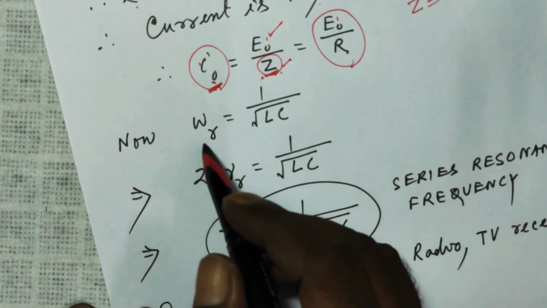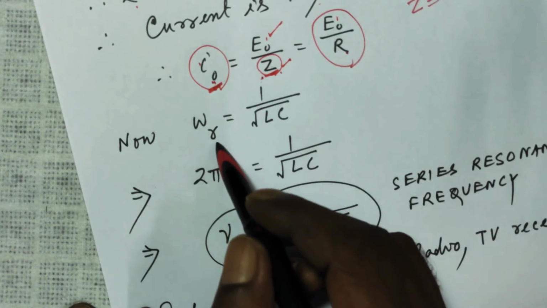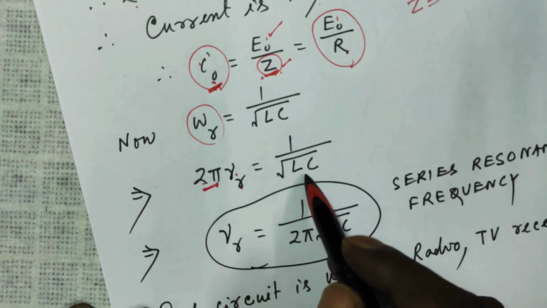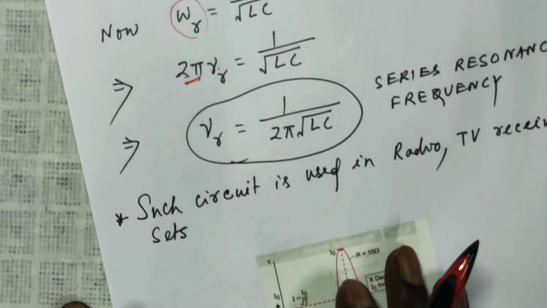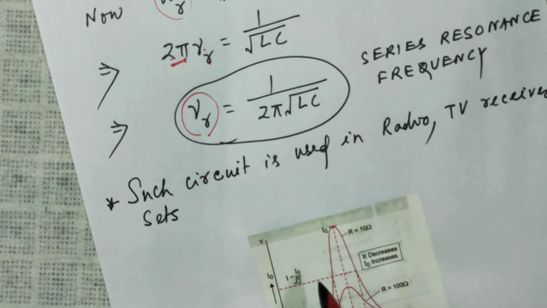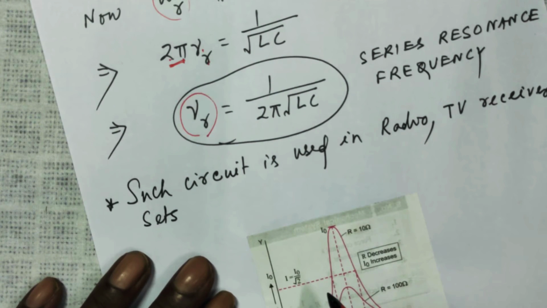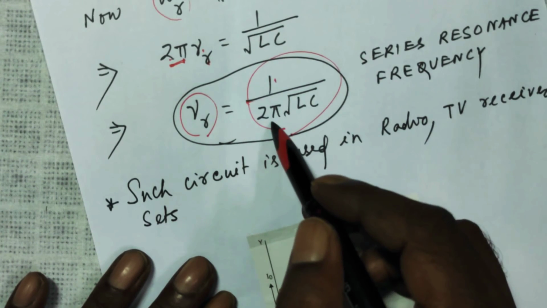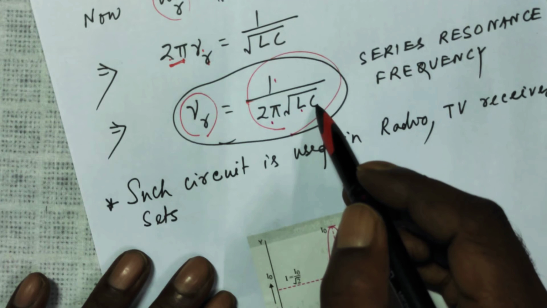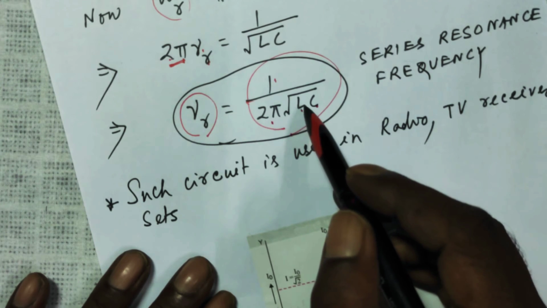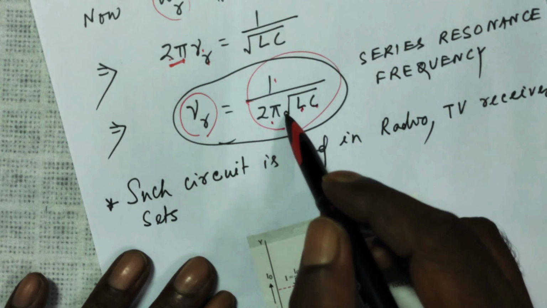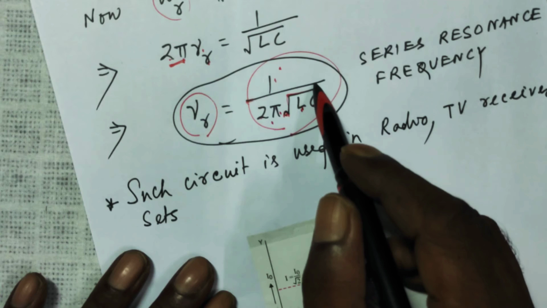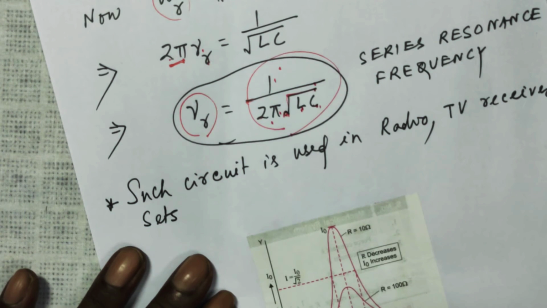Now omega R I just explained is equal to 1 by square root of LC, and this is equal to 2 pi nu R, the resonant frequency. So 2 pi is multiplied here, comes to this side, is on the denominator. So for this frequency of the source, if you are changing the frequency of the source and it becomes this much, 1 by 2 pi, put the value of L and the value of C that you have connected in the circuit, take the square root, multiply with 2 pi and 1 divided by that, whatever value comes out.